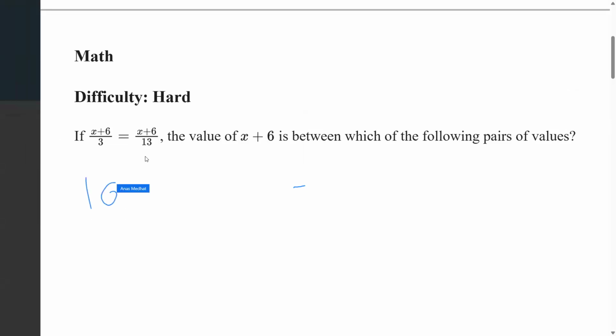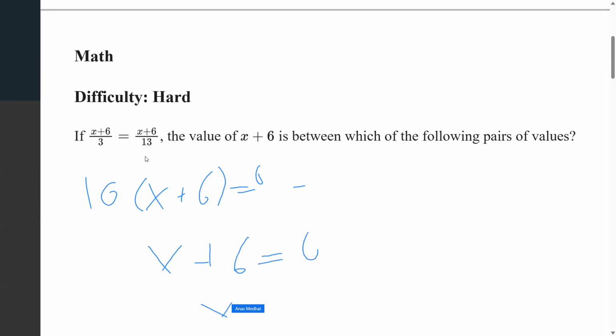Then x plus 6 equal to 0. So x should be minus 6.